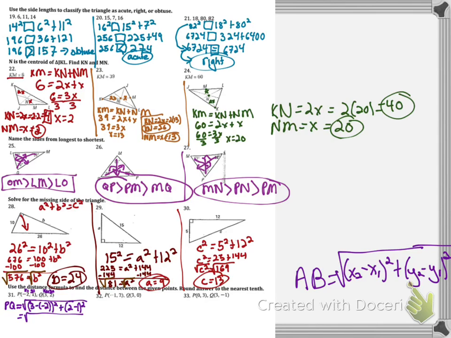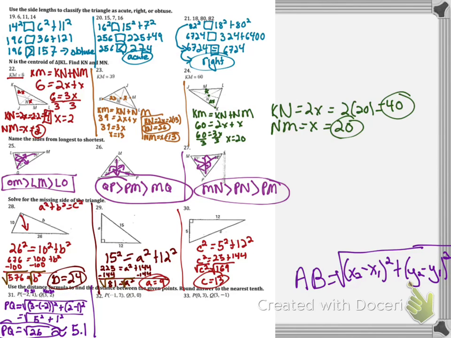So 3 plus 2 is 5 squared plus 2 minus 1, which is 1 squared. We end up with the square root of 25 plus 1 is 26. If you remember this from our review yesterday, this was one of the problems. And so we have the distance PQ is the square root of 26. If we were going to put it to the nearest tenth, that's going to be approximately 5.1.